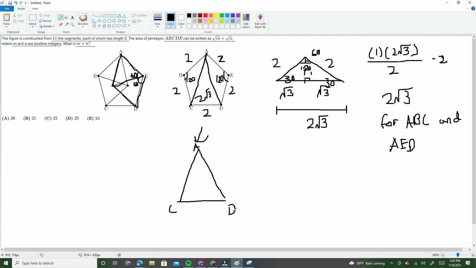First, using the 30, 60, 90 triangles derived from our 120 isosceles triangles, we know that the side length of each of these bases is 2 root 3. And these bases represent side lengths AC and AD respectively. So we know that AC and AD are each 2 root 3.